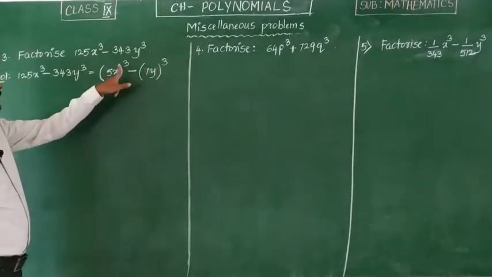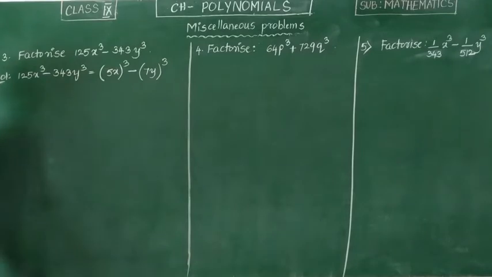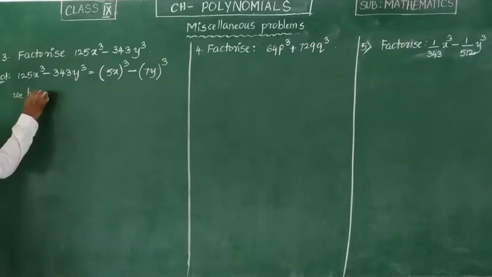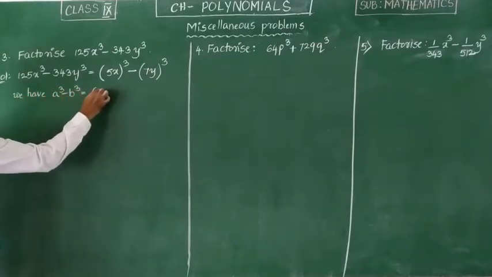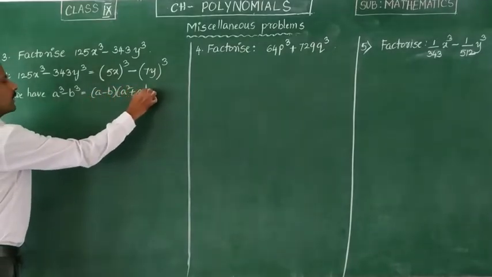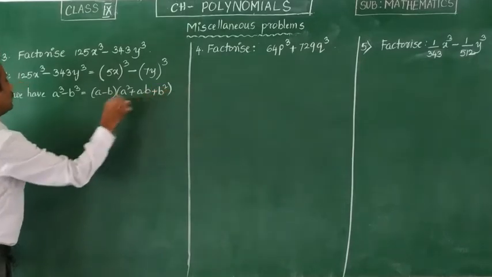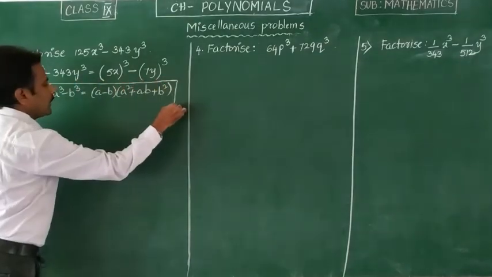Since it is in the form of a cube minus b cube, we need to apply the identity. So what is the a cube minus b cube identity? We have a cube minus b cube equals a minus b into a square plus ab plus b square. You need to write this in a box, so that we are going to apply this one.